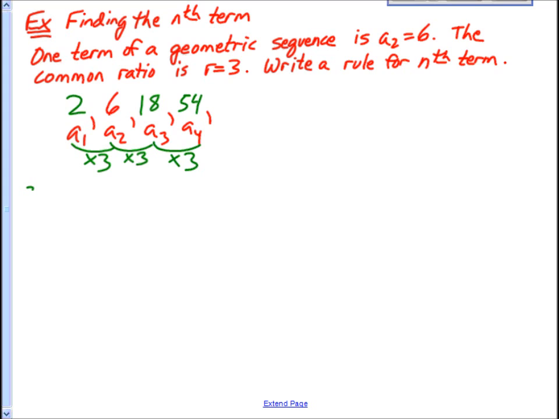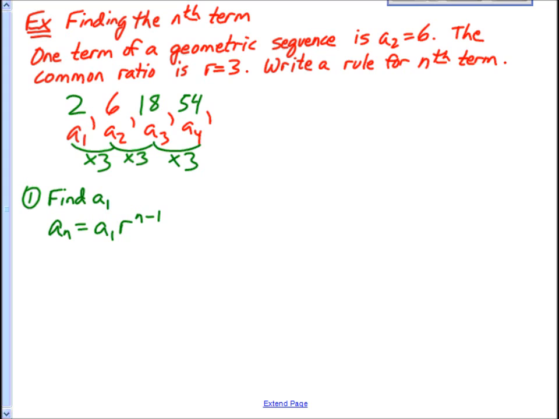Now, just in case they don't give you just the second term and it's that easy to go back to the first, to find your A1, you can always use the formula, okay? So what I mean by that is, in case, instead of the second term being 6, right, A2 equals 6, let's say they give you the 200th term, and you don't want to just go back to the first term there.